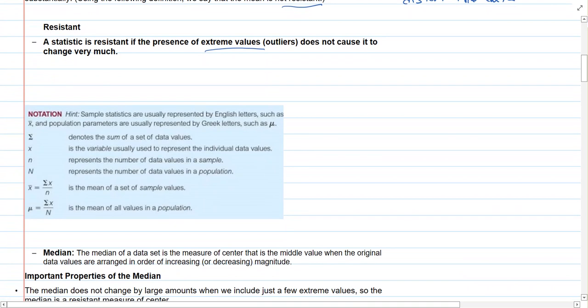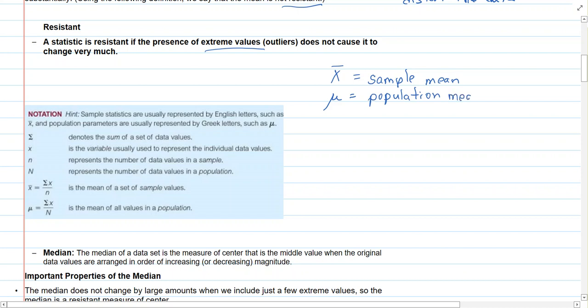So I described this earlier, but we have to consider the fact that x bar stands for sample mean, that means average, and then the mu, which is a funny looking u, is the population mean.